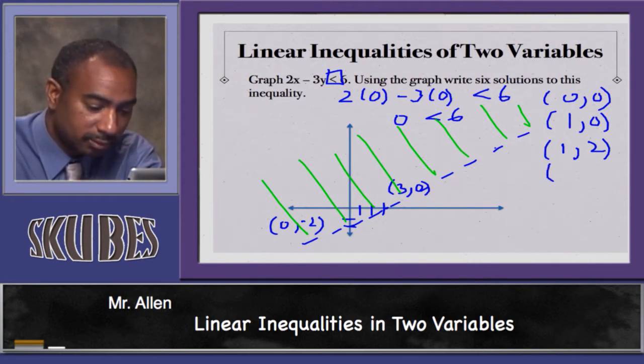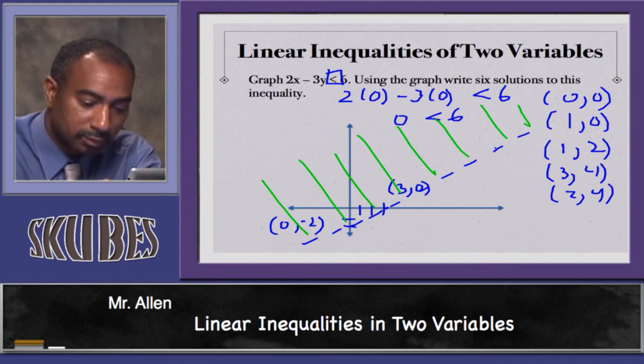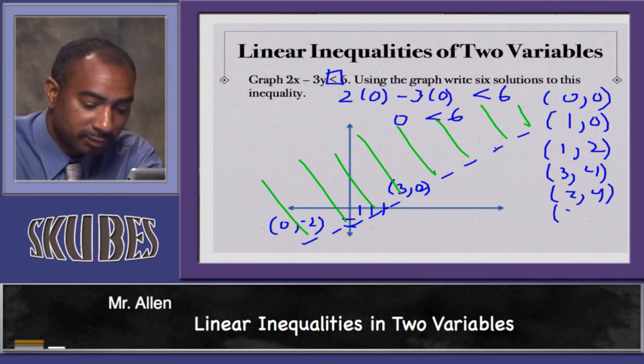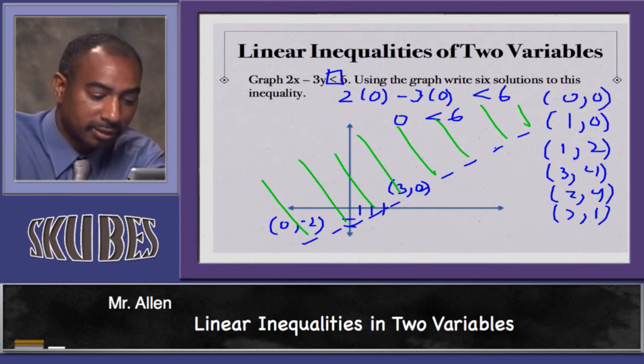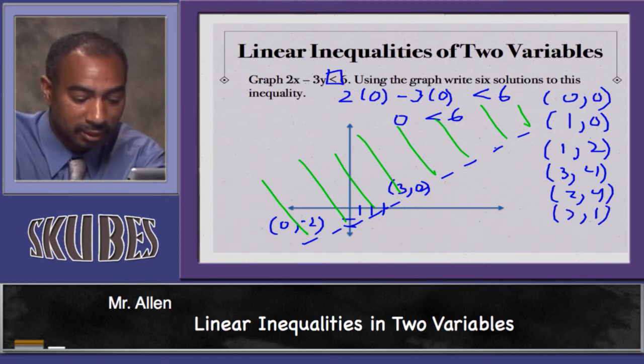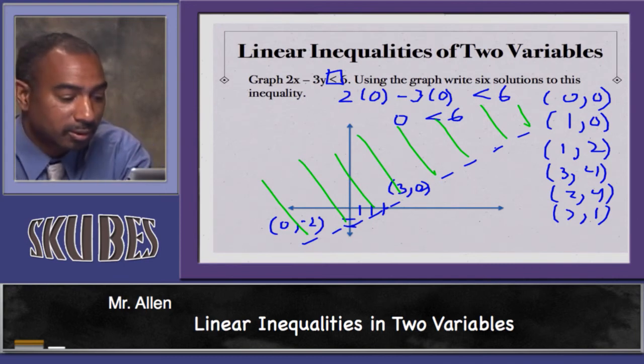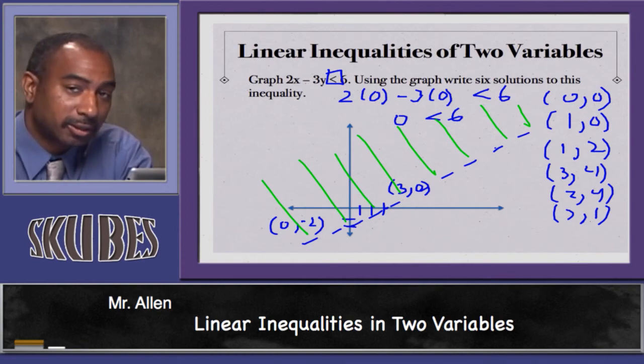I could say 3, 4. I could say 2, 4. Or I could say as far as 7, 1. Anything that's in the green region. But now anything below here or on this line is not a solution to this inequality. All right, this concludes our lesson for today.